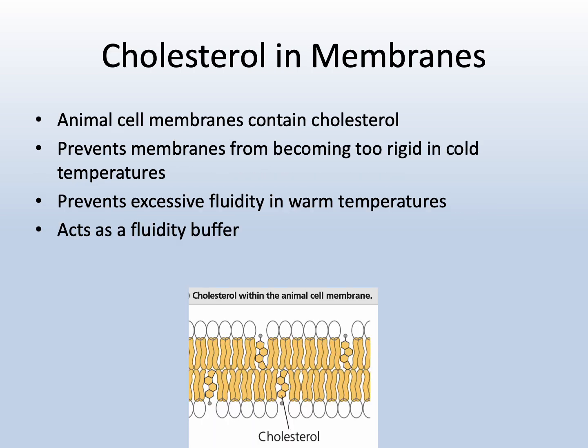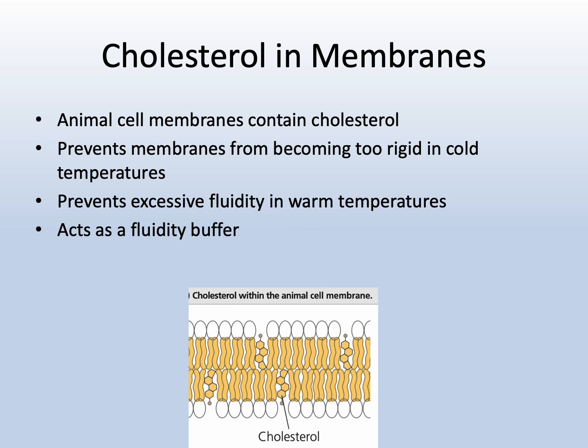Next, animal cell membranes contain another important component besides phospholipids and proteins, cholesterol. Cholesterol molecules are tucked in between the phospholipids of the membrane where they help regulate membrane fluidity. At cold temperatures, phospholipids tend to pack tightly together, making the membrane too rigid.